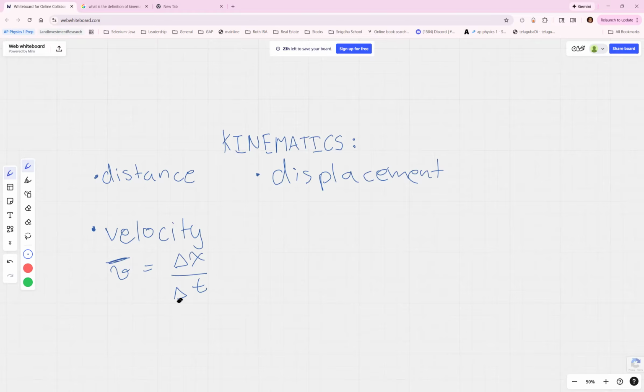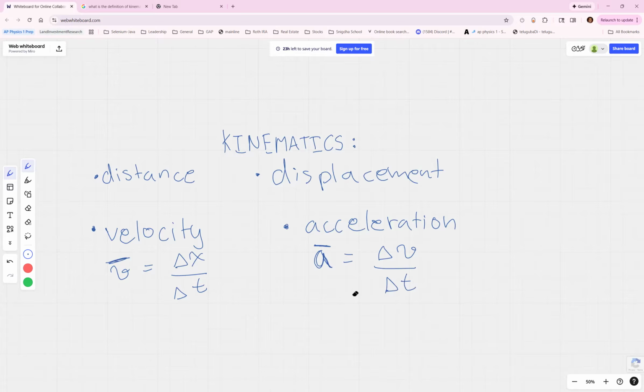This leads us to the definition of velocity, and then our definition for acceleration, which describes the rate of change of velocity with respect to time, which leads us to our equation for average acceleration of delta v over delta t.